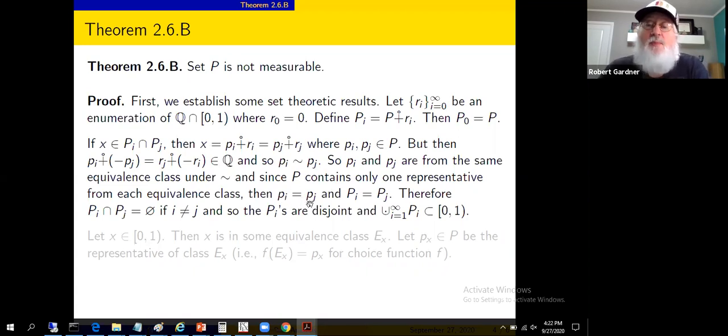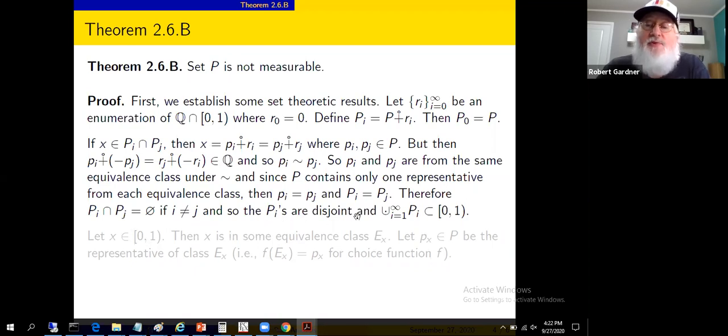P sub i must equal p sub j, i must equal j, and capital P sub i must equal capital P sub j. So the only time these P sub i things that we defined intersect is when they're the same. So P sub i intersect P sub j is the empty set if i is not equal to j, and they're equal if i equals j.